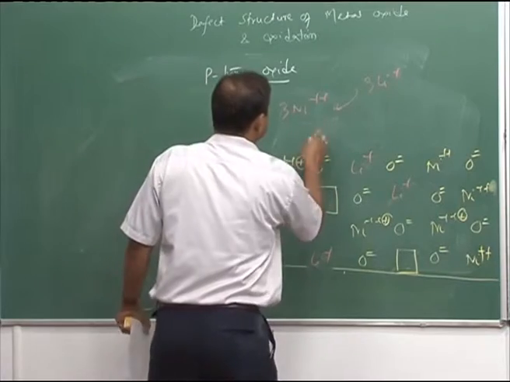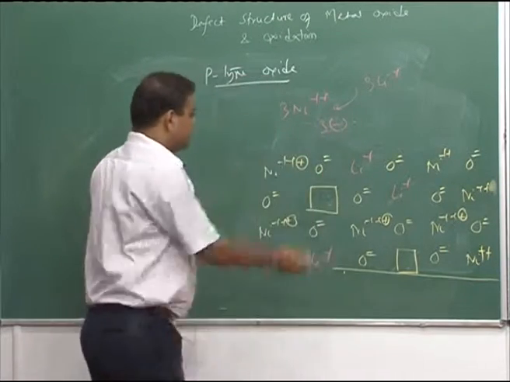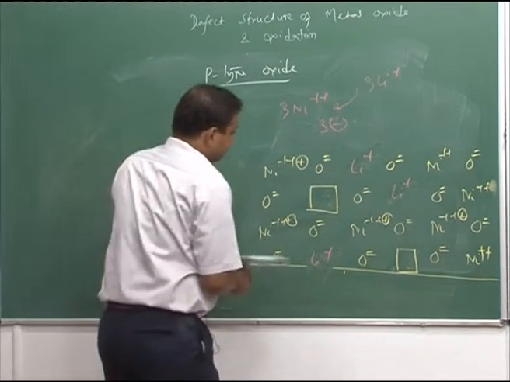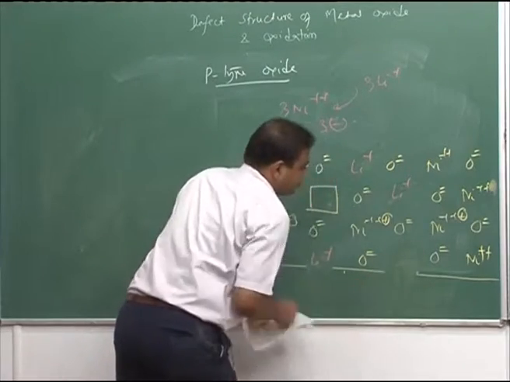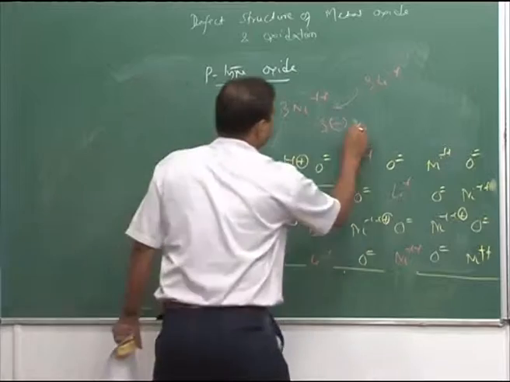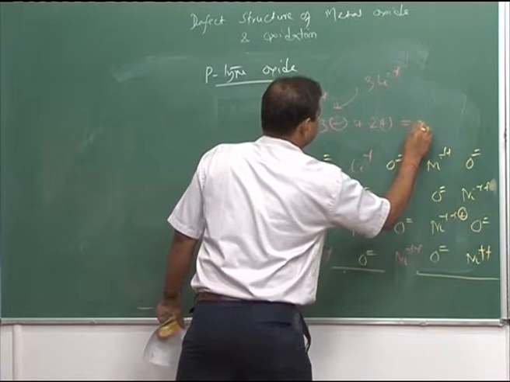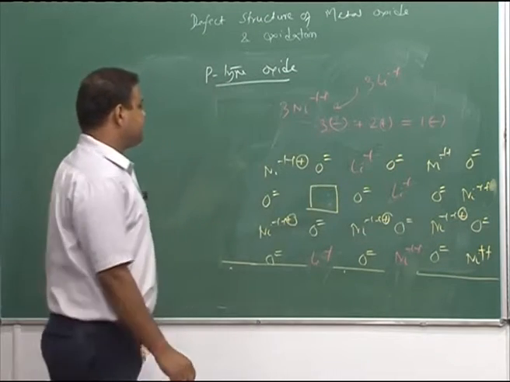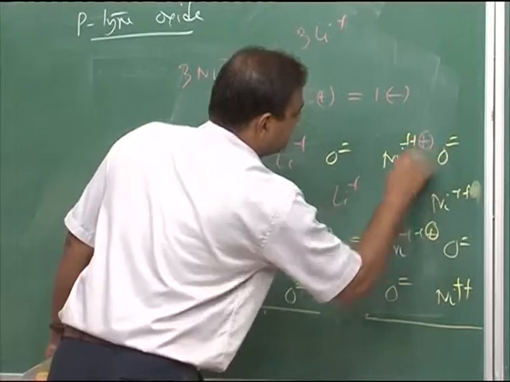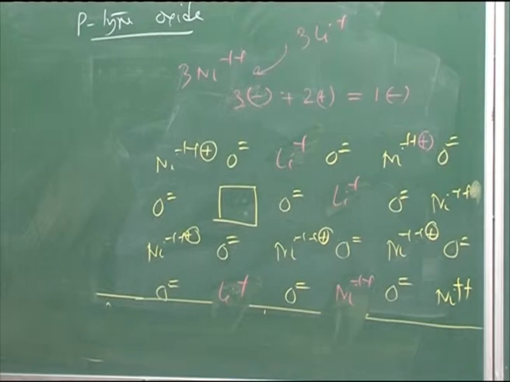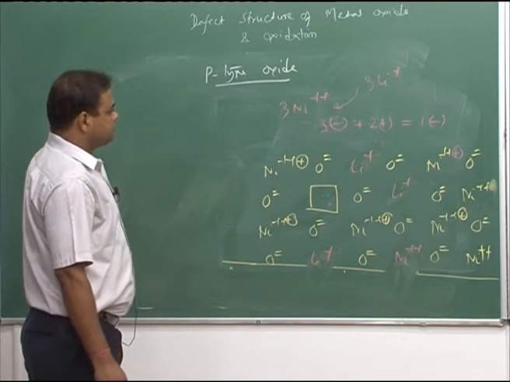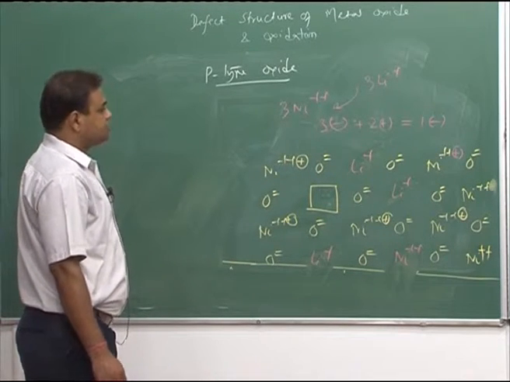So, we say that 3 extra negative charges are there in this lattice. Now, if we replace one vacancy with nickel plus, then we are left with one extra negative charge, and that extra negative charge can be balanced by forming one extra positive hole. So, then the overall charge neutrality is maintained.